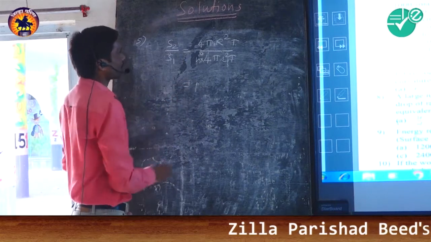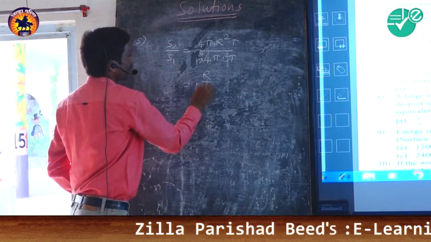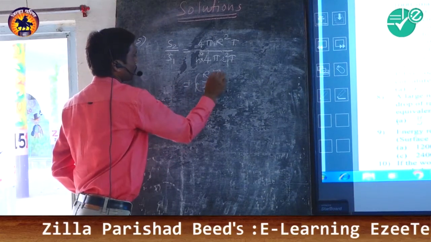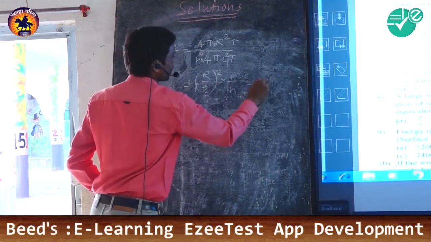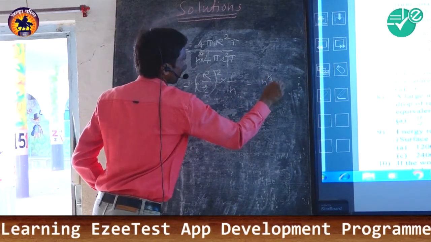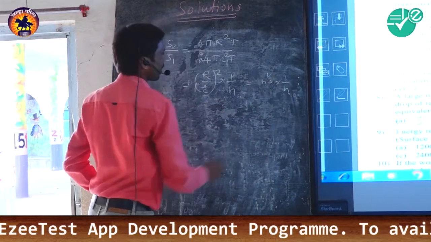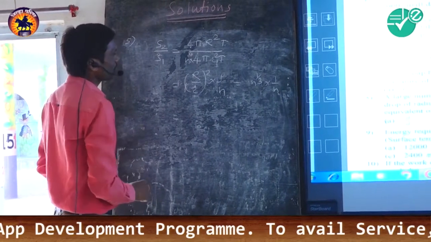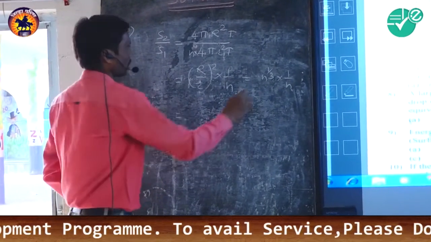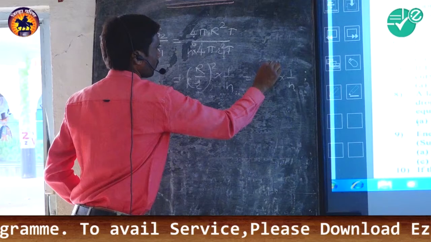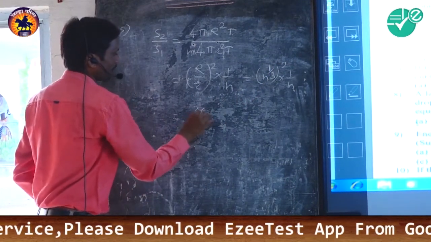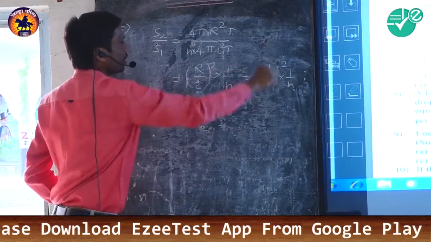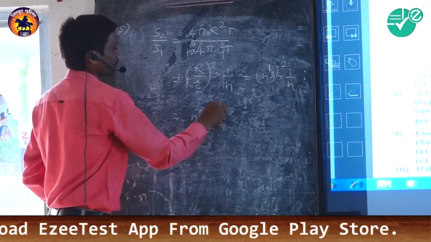So it is equal to R divided by small r, whole squared, into 1 by n. So it is written as n raised to 1/3, squared, into 1 divided by n. So n raised to 2/3, and taking n into the numerator, we get -1.